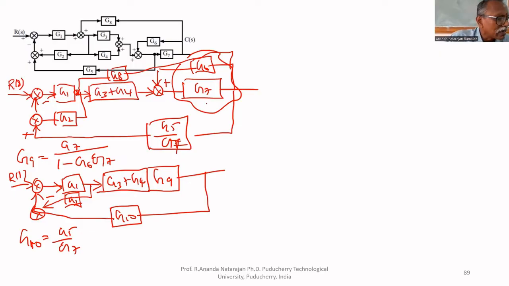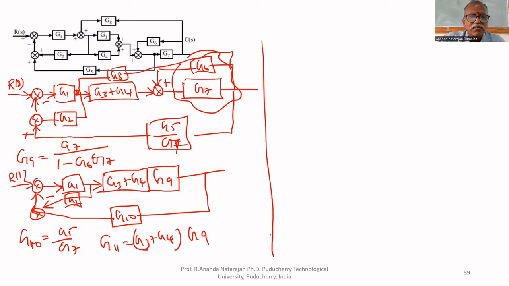G2 also we are moving away from that. And this can be called G11. This together, G3 plus G4 multiplied by G9, can be called G11. G11 equals G3 plus G4 multiplied by G9.